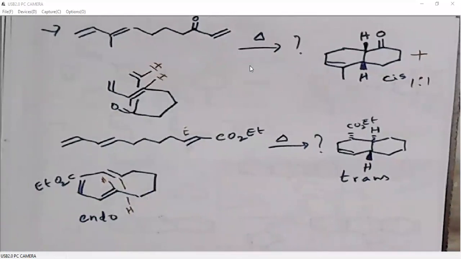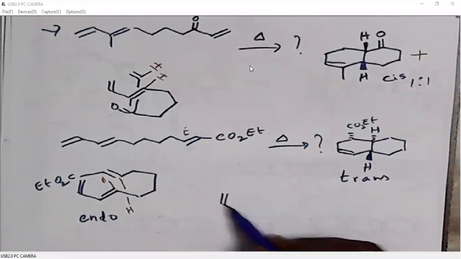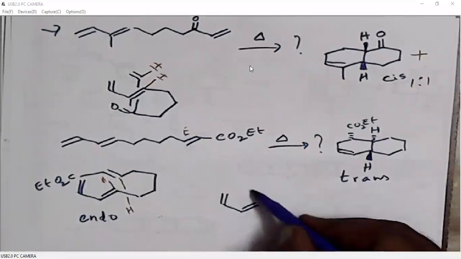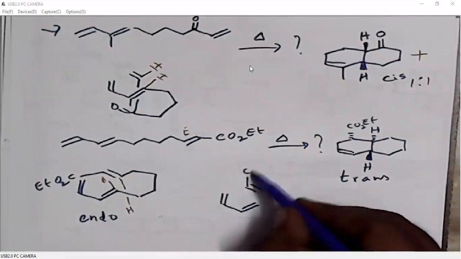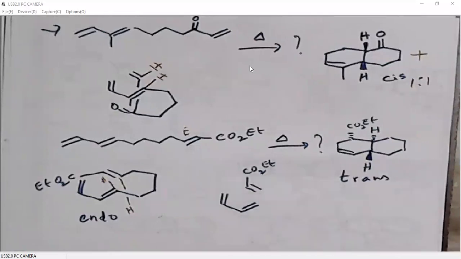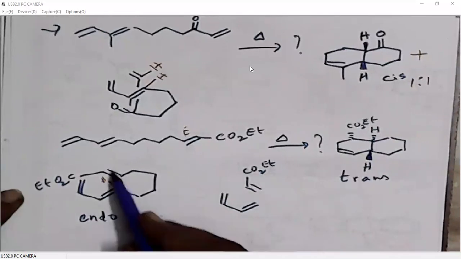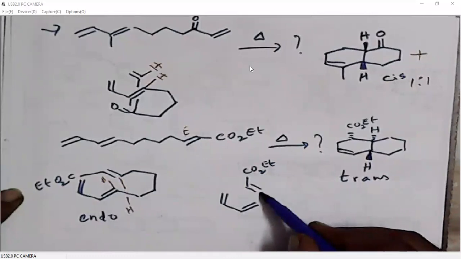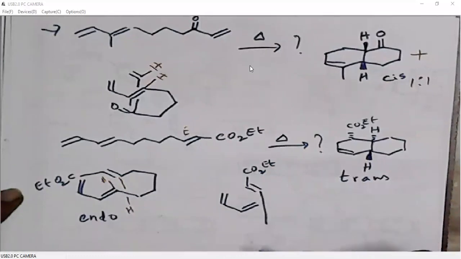If it doesn't follow the endo rule, as I said earlier, intramolecular may follow the endo rule or may not follow the endo rule. If it doesn't, then we need to write the conformation like this. Because it is an E double bond, now this carbon will be like this.